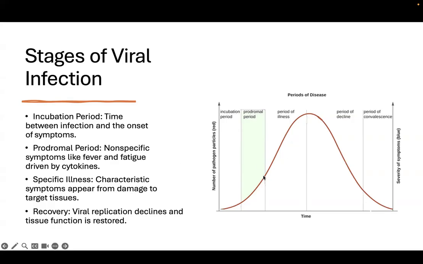And once it hits that first symptom, we enter the prodromal period. The prodromal period basically means very non-specific symptoms. When the virus starts to hit a certain threshold in amount, our immune system is going to, of course, detect it.